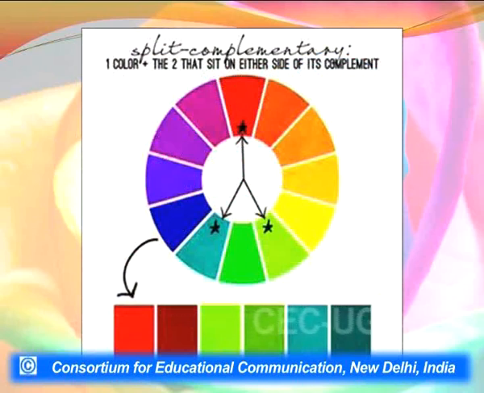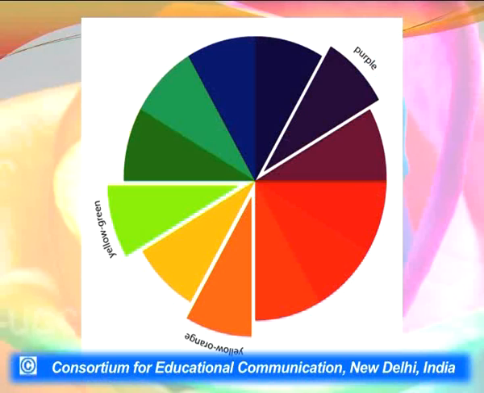So one color of the two that sit on either side of its complement. It is easier to explain in this way. So red, we are taking yellow, green and blue, we are leaving green, so it gives the split complementary color scheme. In this slide also you can see the split complementary.